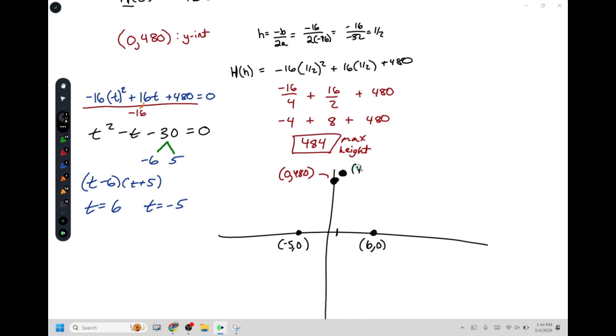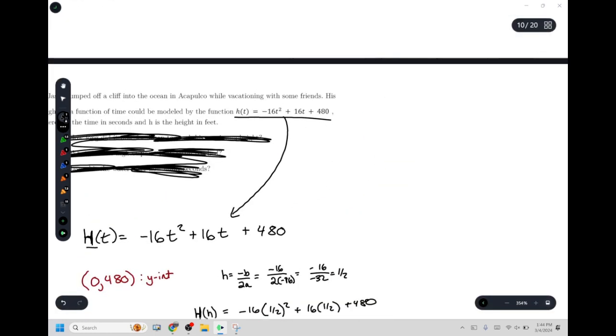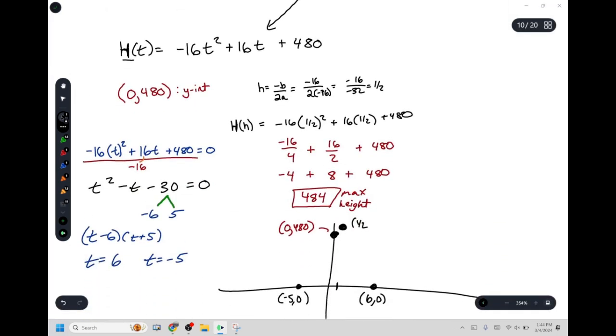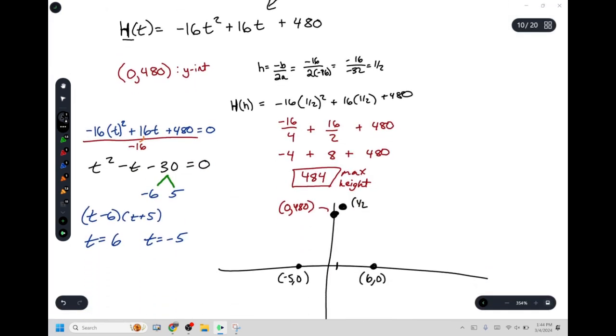Oh, yeah. He did jump. That's really tall, right? He jumped on the trampoline.